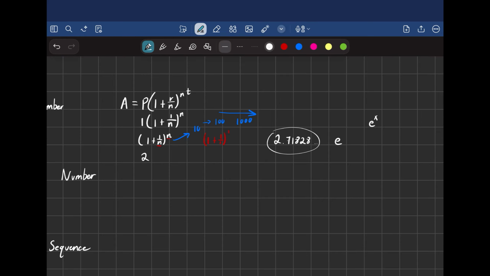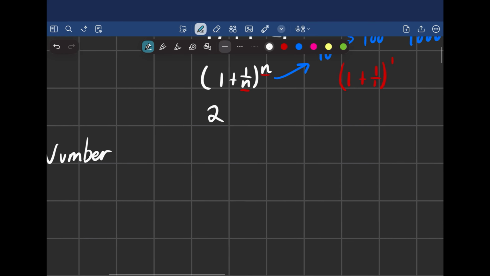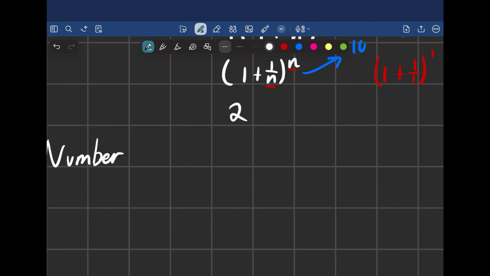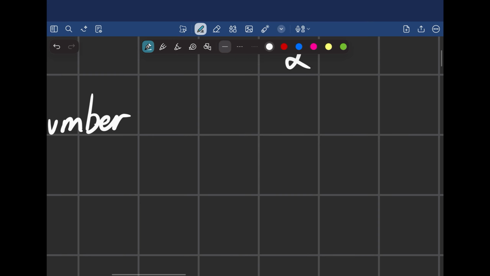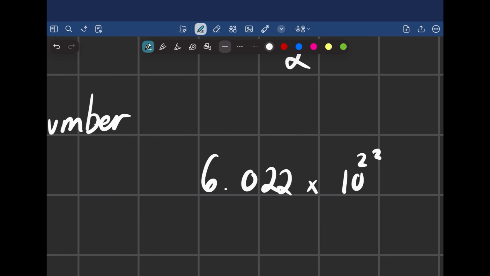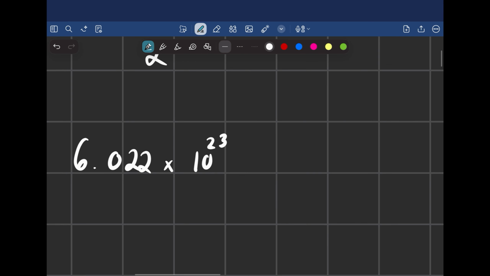The next number or idea I want to talk about is Avogadro's number. And simply, this number is an estimate of 6.022 times 10 to the power of 23. Now, this number is very large, yes, but this number represents the number of particles, such as atoms or molecules, in 1 mole.